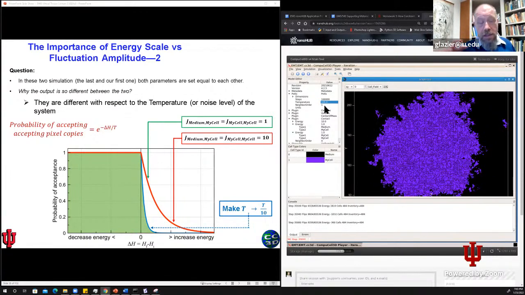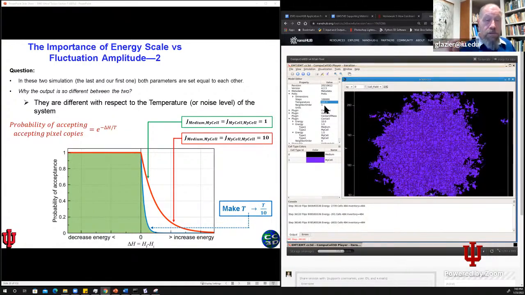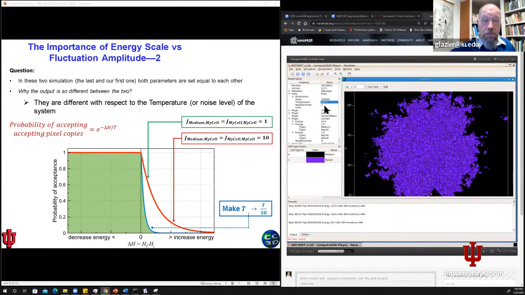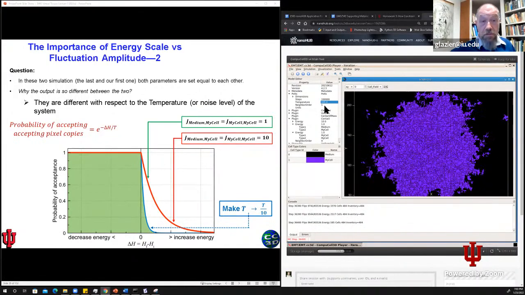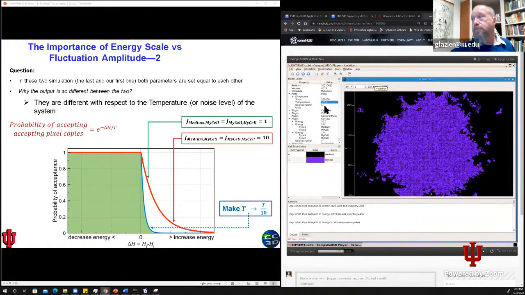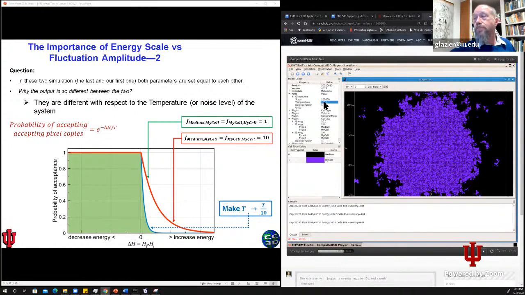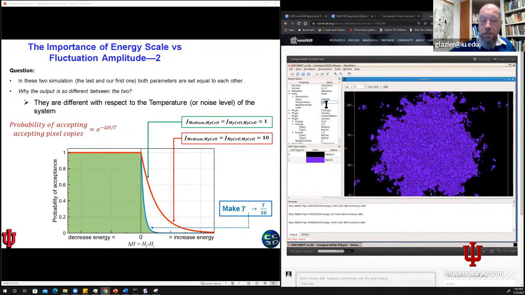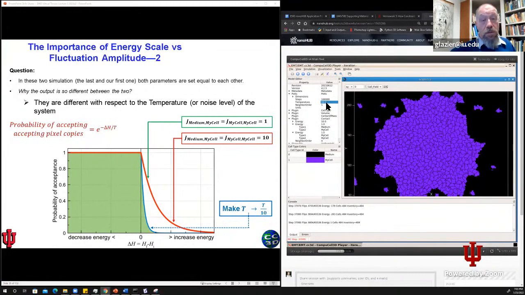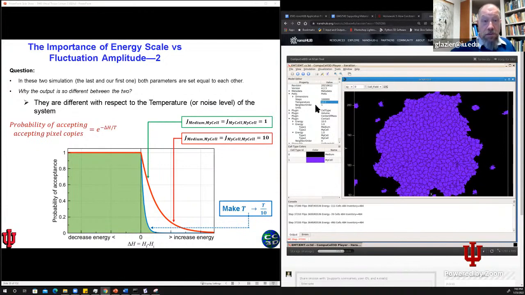So this is the idea that the changes of energy have to be roughly on the order of magnitude of the fluctuation amplitude. We want them to be bigger than the fluctuation amplitude. See, the cells are beginning to fall apart. But there's a pretty big range over which this is well behaved. So you don't have to get these things exactly right. You just have to be close.